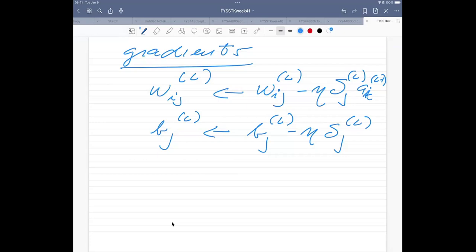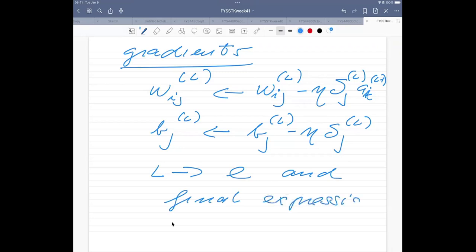Okay, I see that I'm running a little bit over time. So what we will do next week is to go to the general case, and then we will have the final expressions. But we're going to stop here today. And next week, we will also discuss the implementation of the back propagation algorithm.